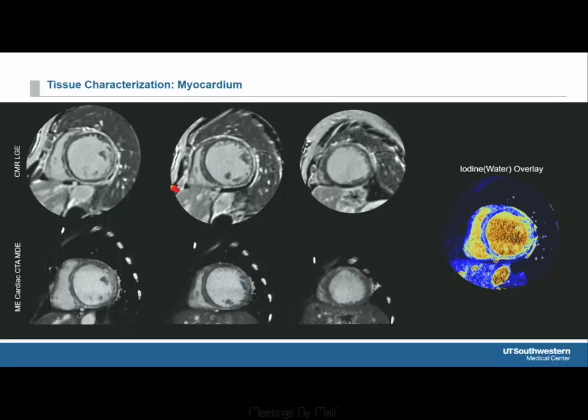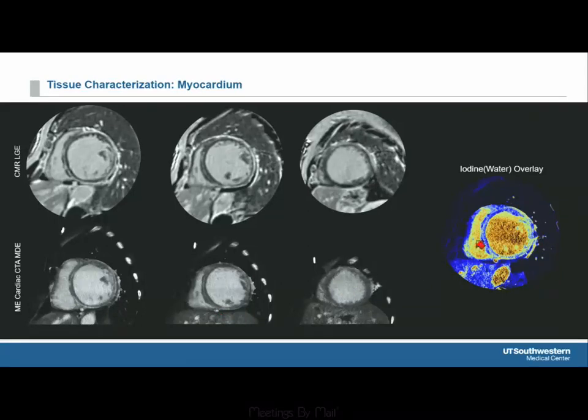This is an example of a patient with sarcoidosis, and we can see top row shows the MRI, the CMR, late gadolinium enhancement with areas of linear mid-wall enhancement involving multiple segments in a non-ischemic distribution, which closely match what we have on the delayed images obtained 7 minutes after injection of 1.5 milligrams per kilo of iodine in the same patient, and using monoenergetic low KV images at the bottom row.